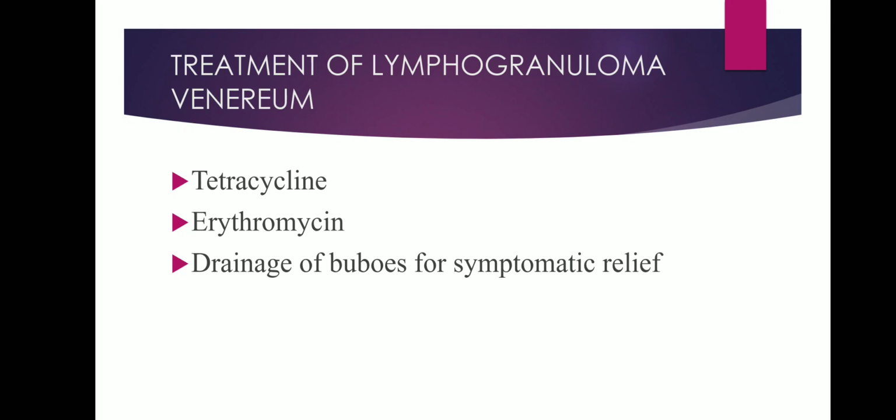What is the treatment for lymphogranuloma venereum? A few antibiotics are used to treat the infection: tetracycline and erythromycin. In severe stages, drainage of the buboes is done for symptomatic relief. These are the treatments for lymphogranuloma venereum.